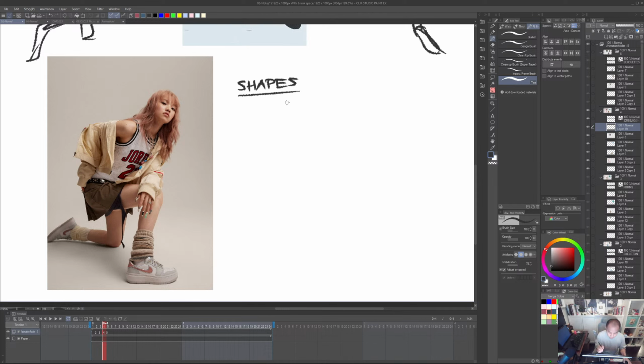You can actually draw the clothes from the shapes, right? So let's say if I try to draw this character, I can loosely base the head.